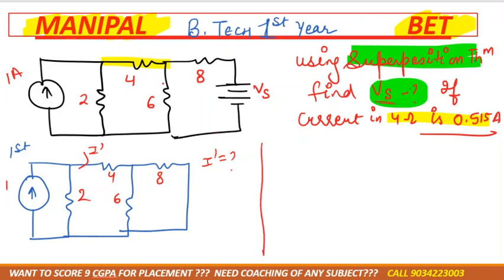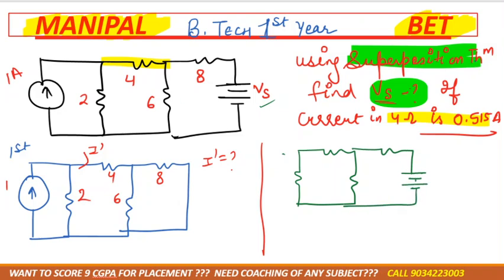Now we'll move towards the second step. The second step is you have to take the second source and eliminate the first source. So the 2 ampere source is open circuit, that would be eliminated, leaving 4 ohm, 6 ohm, 8 ohm and Vs, right? So in this we need to calculate I double dash, but for that we need Vs, right?